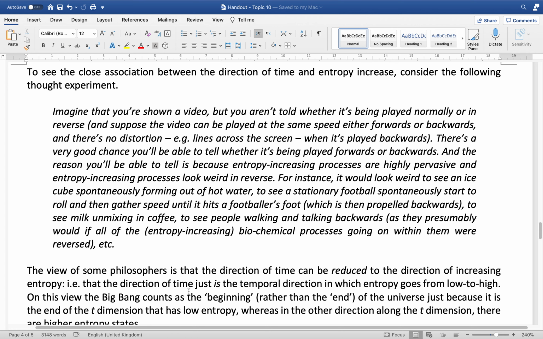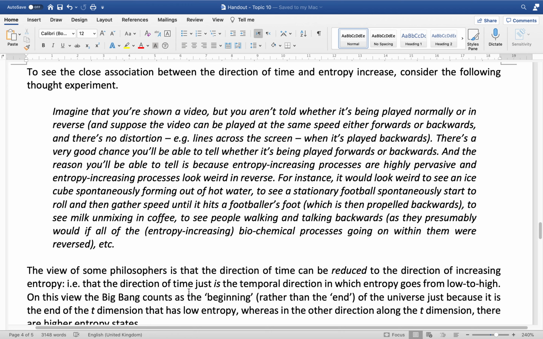We'll suppose that the playback in reverse is exactly the same speed as the forwards playback, and that there's no screen distortion or image distortion with playback in reverse. Now, there's a good chance you're going to be able to tell whether it's being played forwards or backwards. I mean, obviously, if your friend just films a brick wall for 2 hours, then you might not be able to tell. But assuming they film something more interesting, there's a good chance.